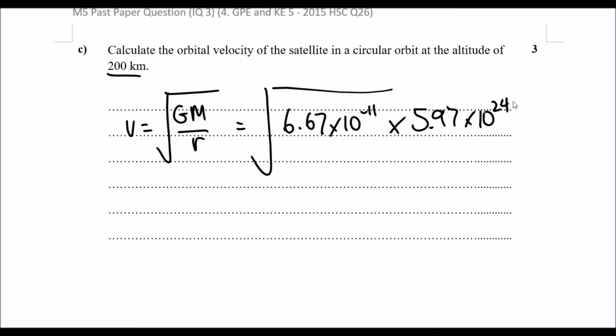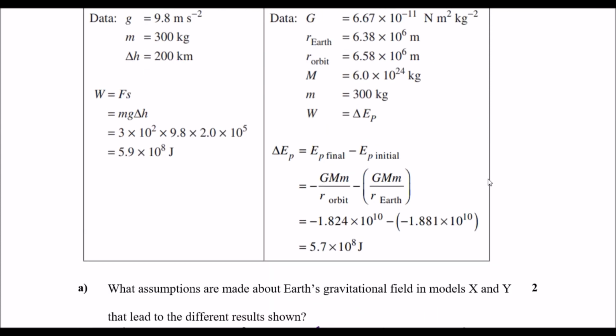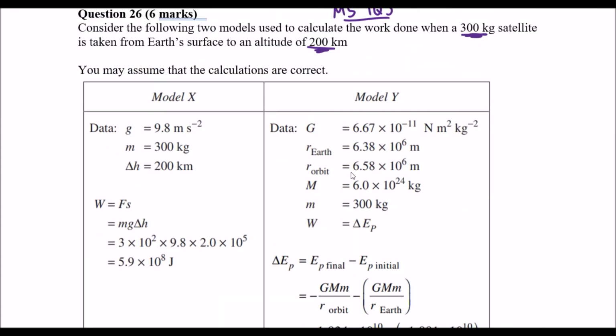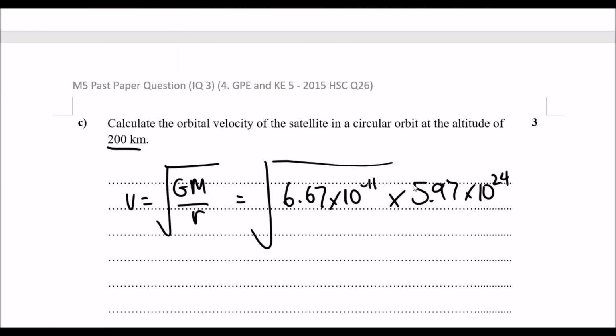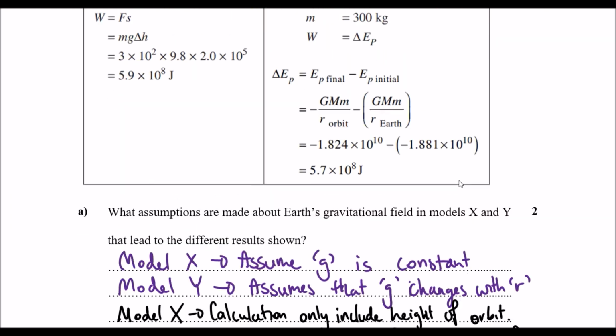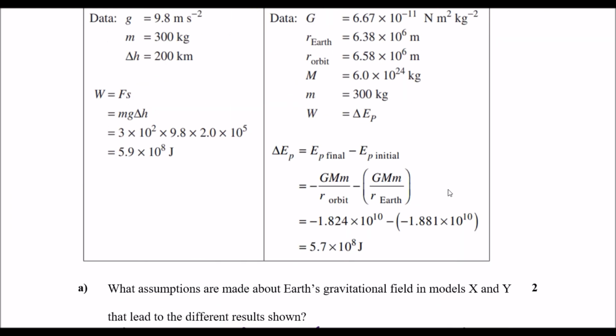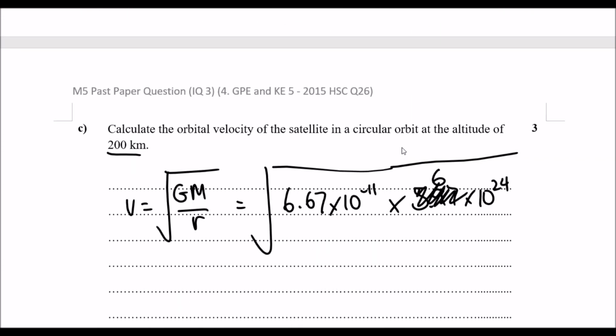Let's just make sure the mass of Earth is consistent. So mass of Earth at 6, okay, so we'll use the number that's provided to us at 6 times 10 to the power of 24.